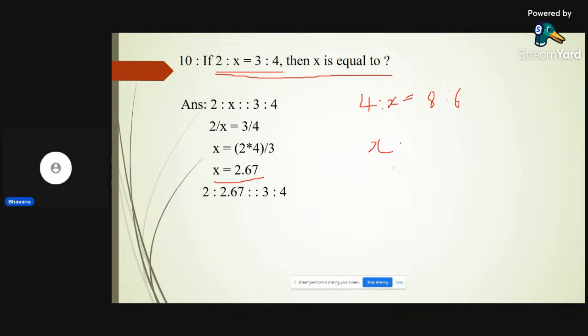So x equals to 4 into, yes, what is the answer for this? What is the x value we can find here? 4 into what? Yes, its x value is 3.